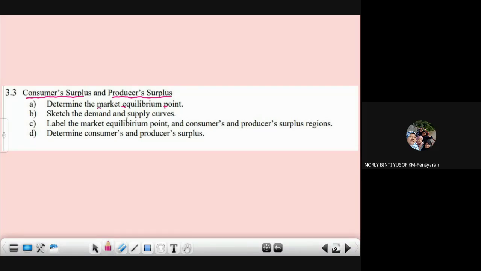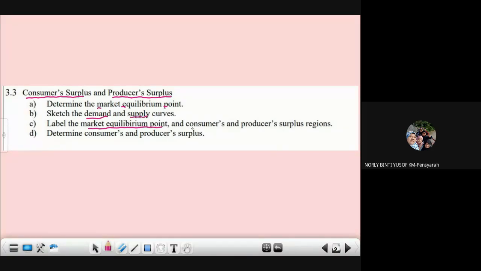So sketch the demand and supply curve. So samalah dia berkait dengan quadratic curve dengan straight line. So sketching tu ulang balik macam mana dekat integration. Sketch balik dengan betul lah. Then be able to find the area under the curve lah kan. So and then label the market equilibrium point. So ni sebenarnya titik tapi dalam konsep application dalam topik ni dia adalah market equilibrium point. Sebenarnya dia point XY.